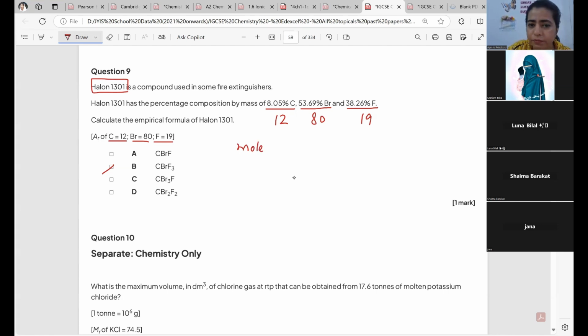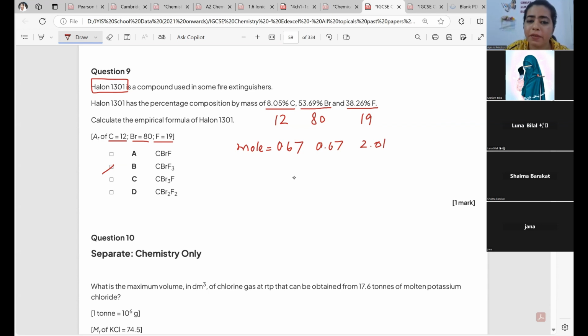Carbon got 0.67 and bromine got 0.67 by chance. And fluorine is 2.01.